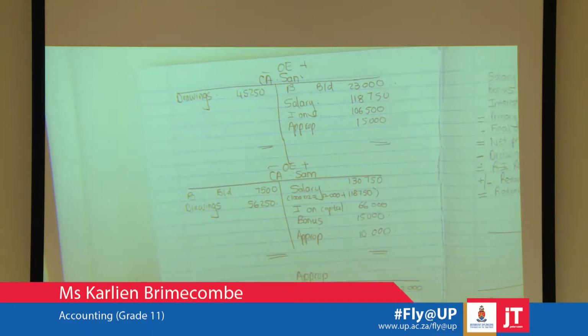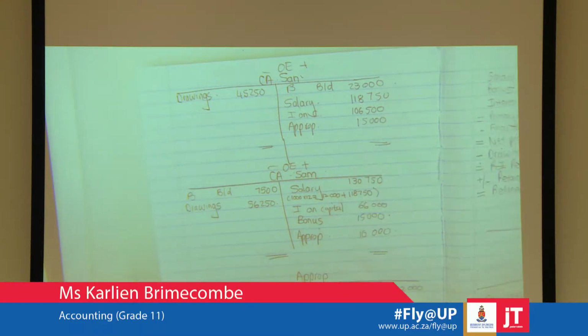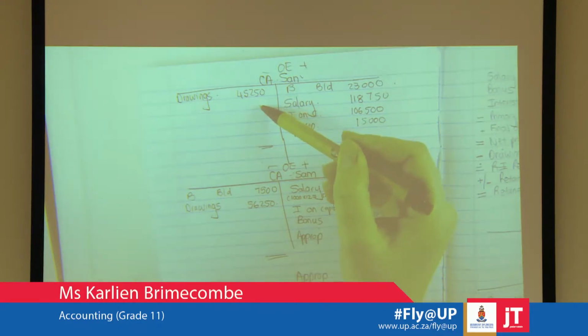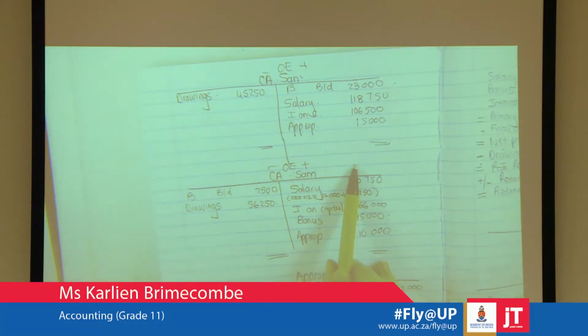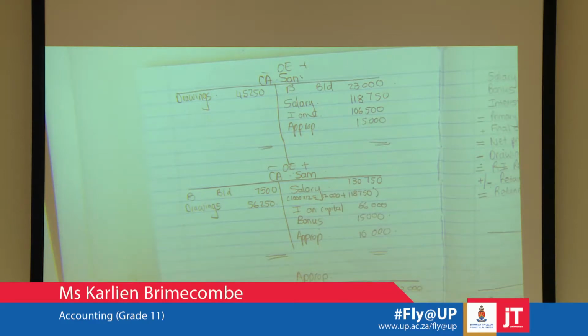So what is left for me to calculate? The balance at the end. So the balance at the end should be exactly the same as the retained income at the end in your note. So I'm going to give you a minute to complete that, and then we'll mark it. So take the credit minus the debit side. If it's a positive amount, then it's a credit balance. If it's negative, it means the debit side is more than the credit side. So I will write out the balance for you in here.